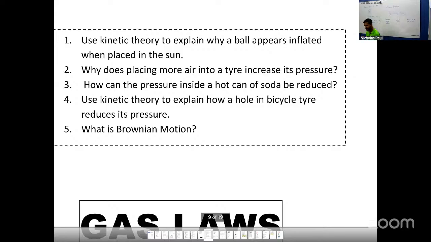Hence, they move faster and collide more, increasing the pressure in the ball.